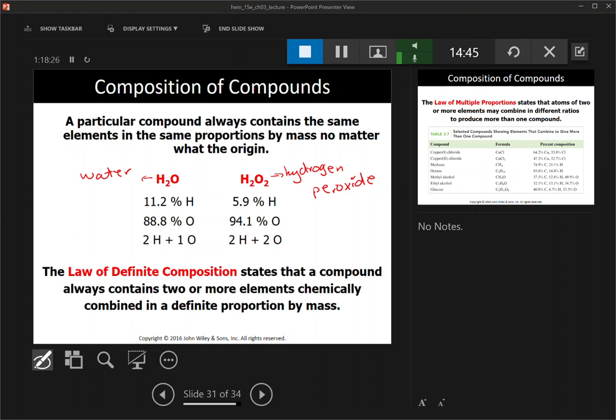That's called the law of definite composition, meaning that each compound has a definite composition of different elements. The other thing I want to mention is that these percentages are mass percentages, and you will learn later on how to find these mass percentages.